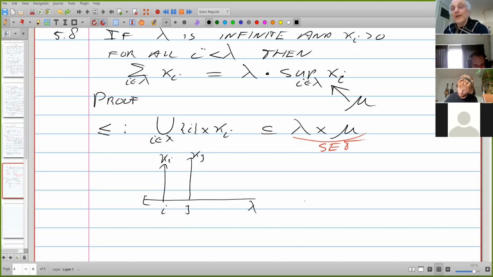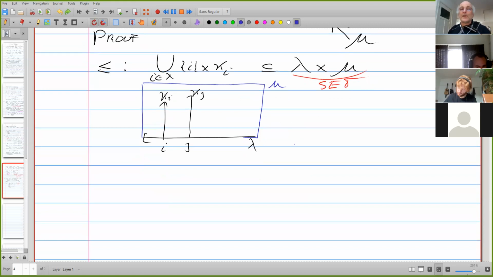We have the lambda as a sort of an x-axis, and above every member of lambda, we have a little vertical line of length kappa i. And of course, that all fits in the rectangle lambda cross mu. And so the cardinality of that disjoint union is less than or equal to lambda times mu.